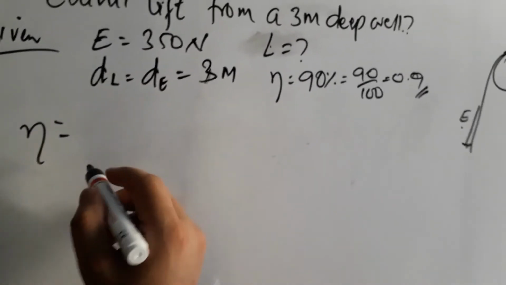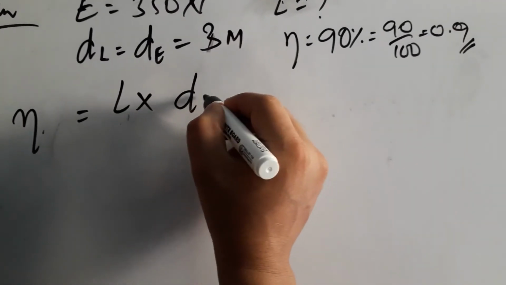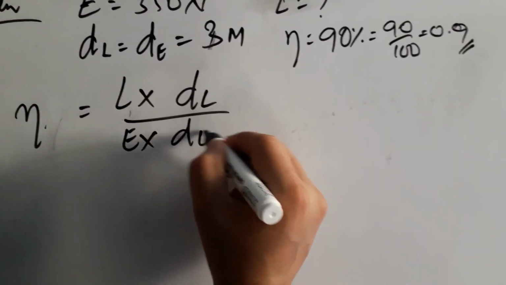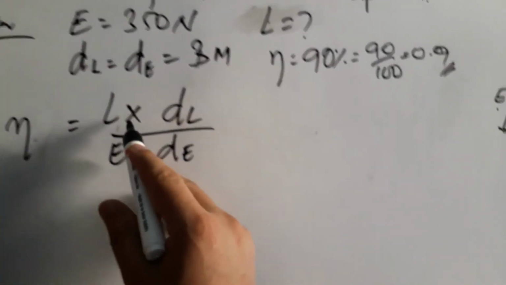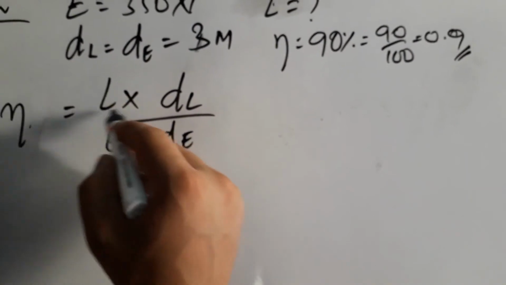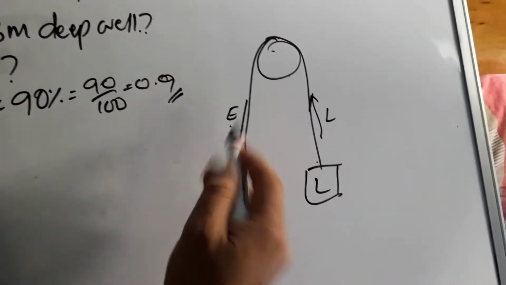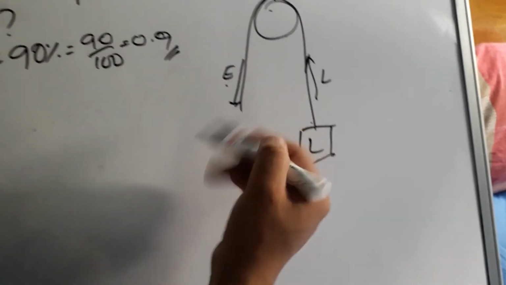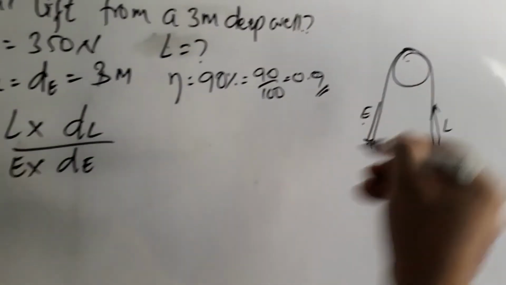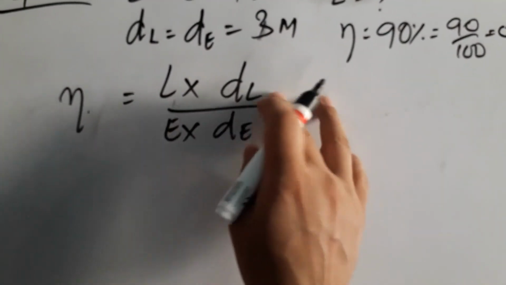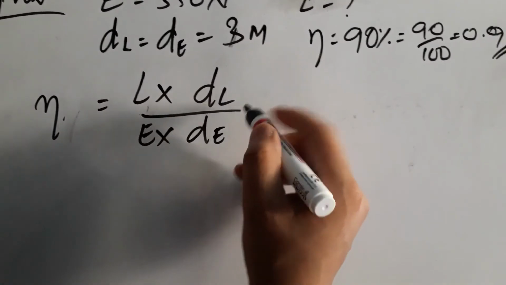Efficiency is equal to load times distance moved by load divided by effort times distance moved by effort. Load is the amount of load that we can carry or lift. Effort is the amount of effort applied to pull the load. Distance moved by load and effort are the lengths that the load and effort move when you pull that pulley.